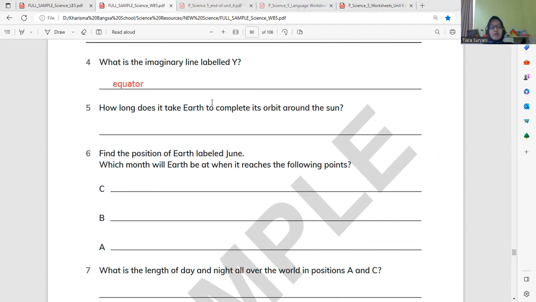And how long does it take for the Earth to complete the orbit around the sun? Orbit around the sun equals 1 year. It's stated in your book, about 365 days, or specifically 365 and a quarter days.